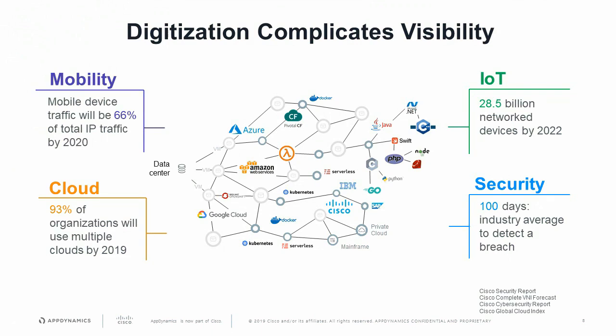You'll have 28.5 billion network devices connected to each other by 2022. That's a humongous scale. And security comes into play as well because of this complex environment. An industry study shows that on average, a breach is detected every 100 days. So this is the complexity of the environment that you're looking at.